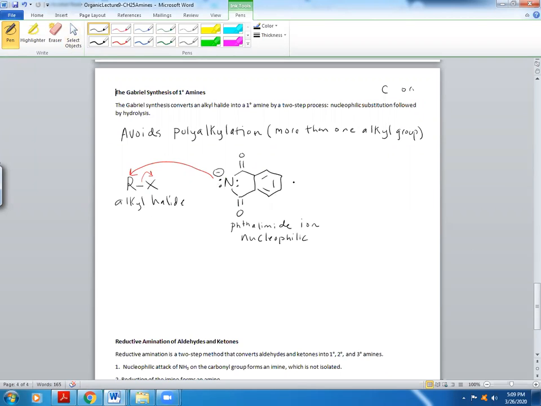So then the next step is that now the R group is attached. Now, what does it do? It undergoes hydrolysis. We talked about hydrolysis. And by the way, if you're going into the medical field, please remember this reaction. You will see it a lot. So this is hydrolysis.